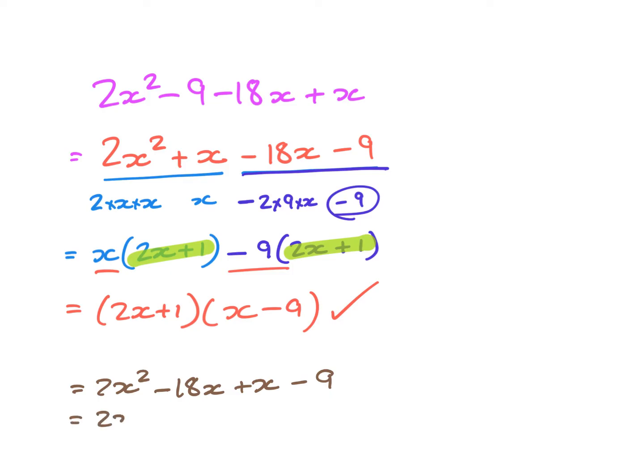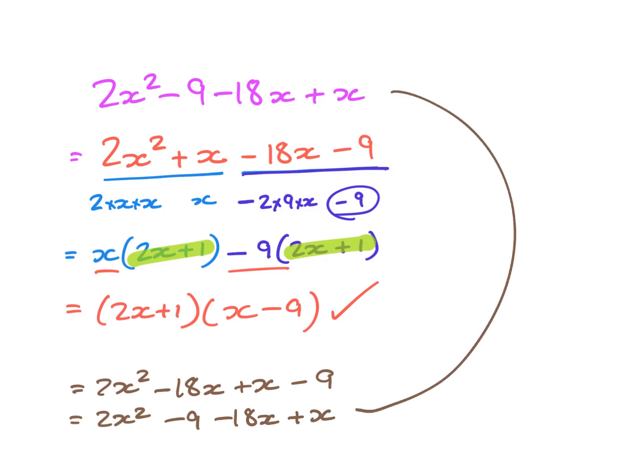Well, 2x squared is in the right place, and then I've got minus 9, so minus 9, and then I have got minus 18x, so minus 18x, and then the last I've got plus x. Is that the same as that? Yes, it is. So we've correctly factorized. And that's all there is to factorizing by grouping.